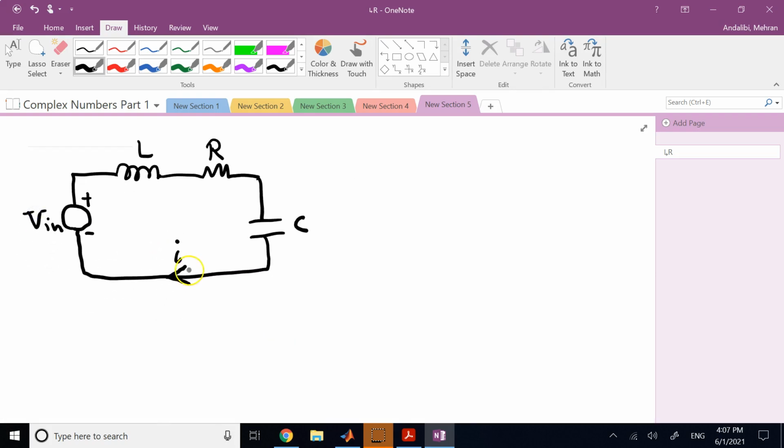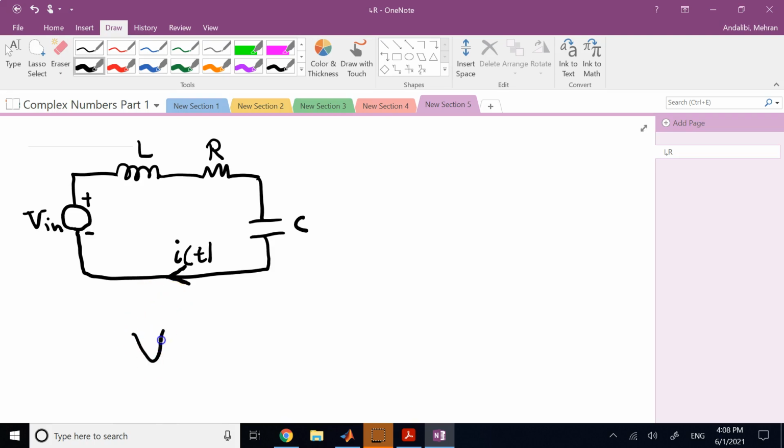Now, if somebody tells you what is I of t, if I give you Vn of t as a function, L and R and C are known, can you give me I of t? And if you know from your electric circuits, the voltage across each one of these elements, when added together and then added to Vn, should be equal to 0, right? The sum of the voltages across the loop is equal to 0. That's called Kirchhoff's voltage law.